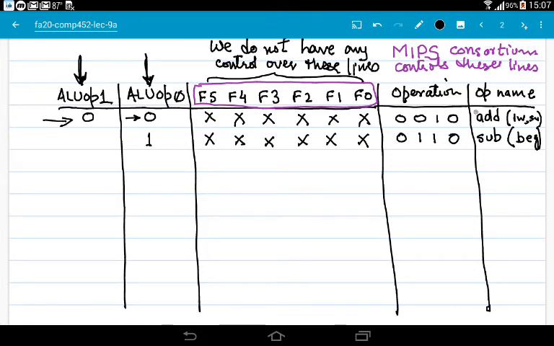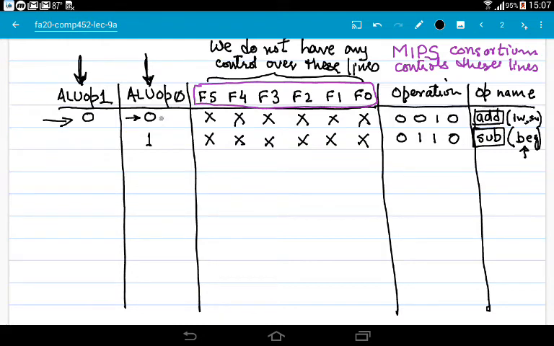Now keep in mind that this ADD is not the add instruction, it's the add operation of the ALU. This SUB is not the subtraction instruction, it's the subtract operation performed by the ALU. The instructions are branch if equal, load word or store word.